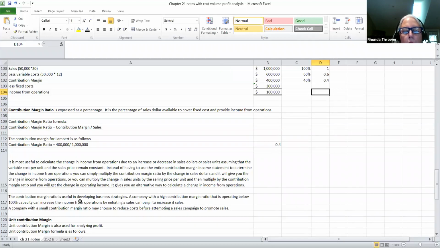The contribution margin ratio is useful in helping management develop business strategies for the company.